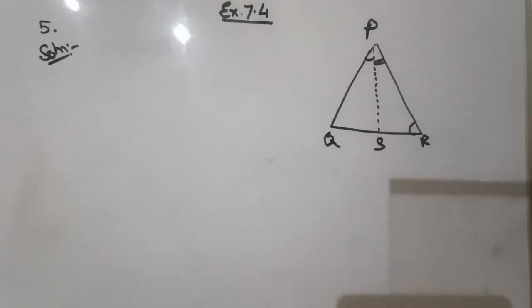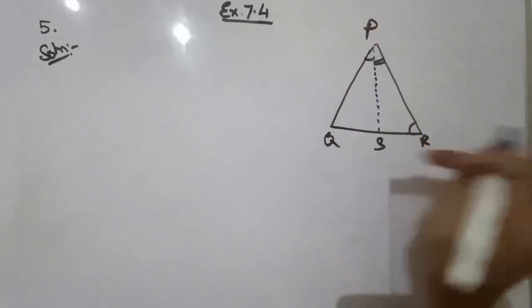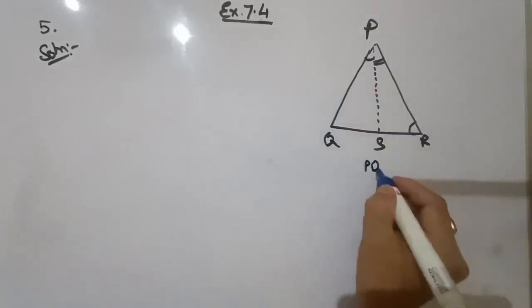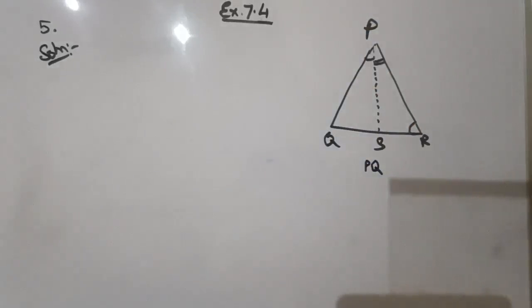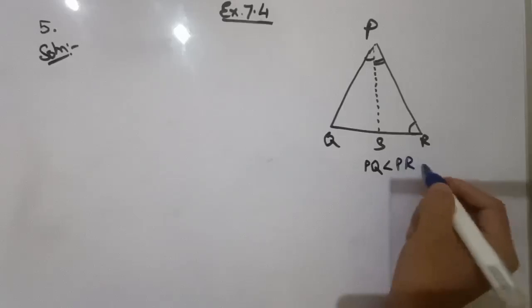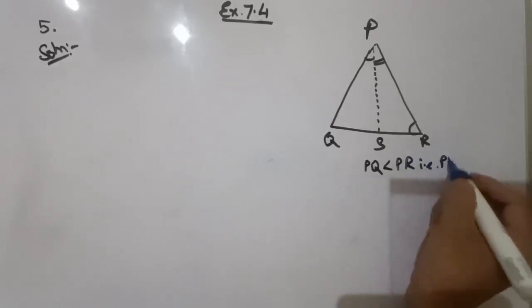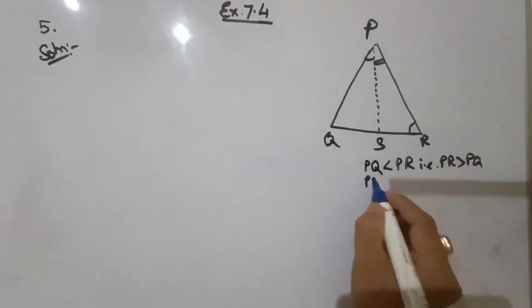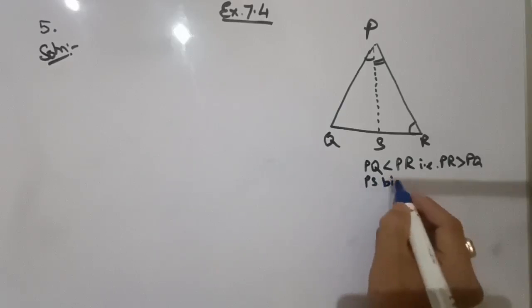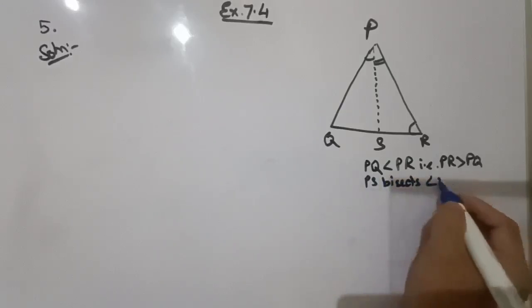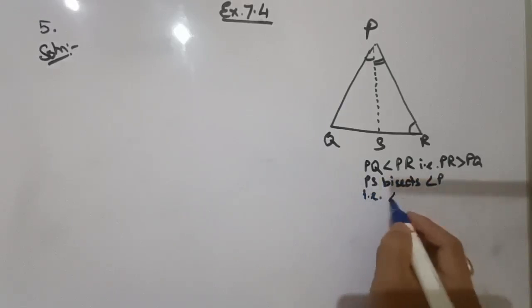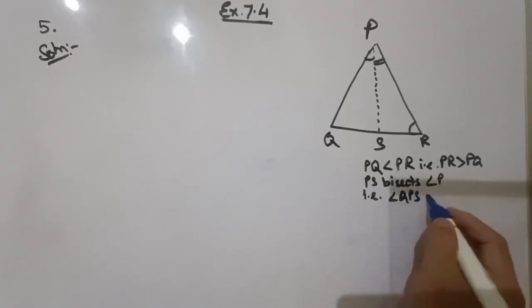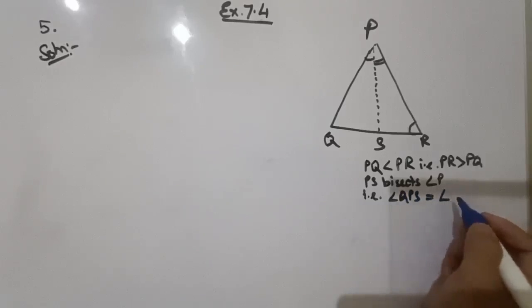So exercise 7.4, question number 5, solution. In the question, it is given that in triangle PQR, PQ is less than PR. That is, PR is greater than PQ. And also, PS bisects angle P. That is, angle QPS is equal to angle RPS.